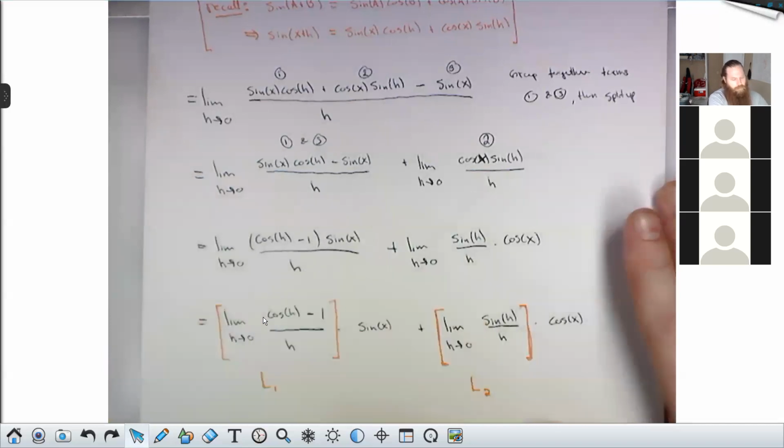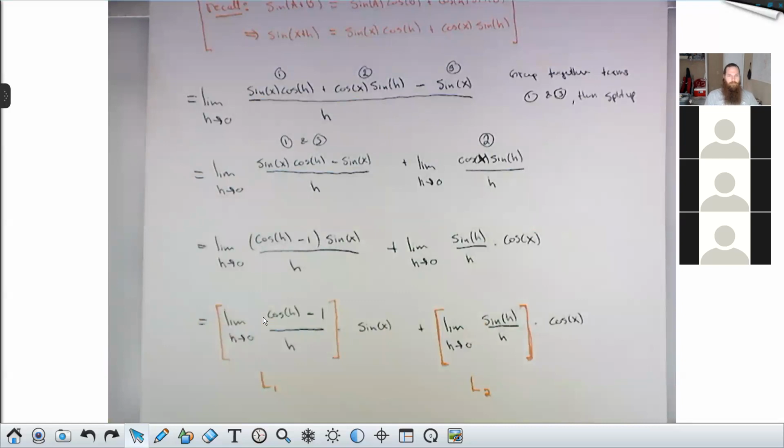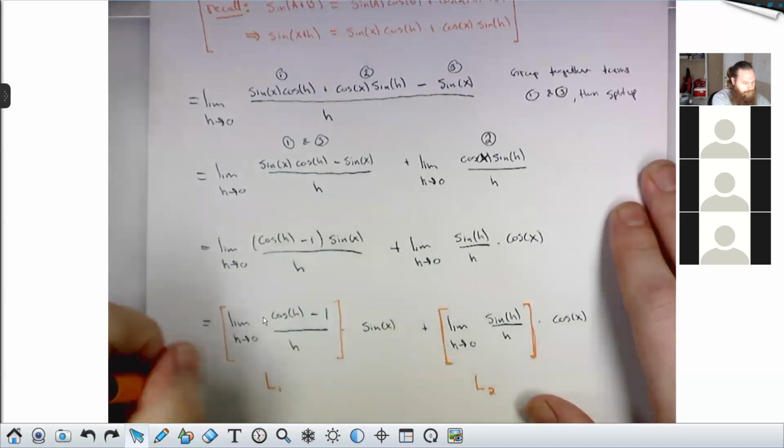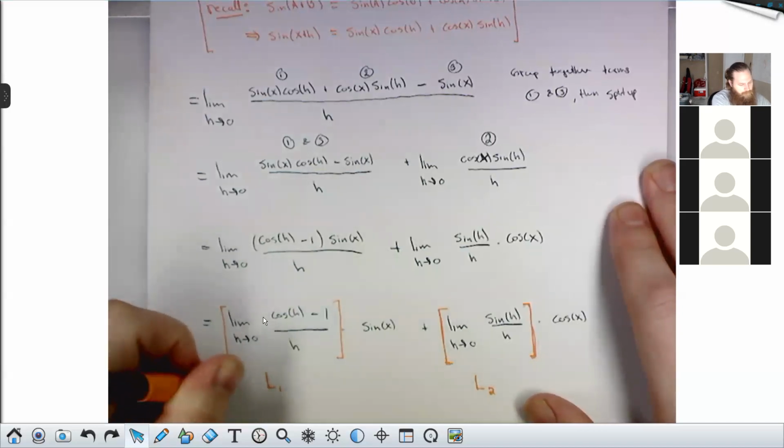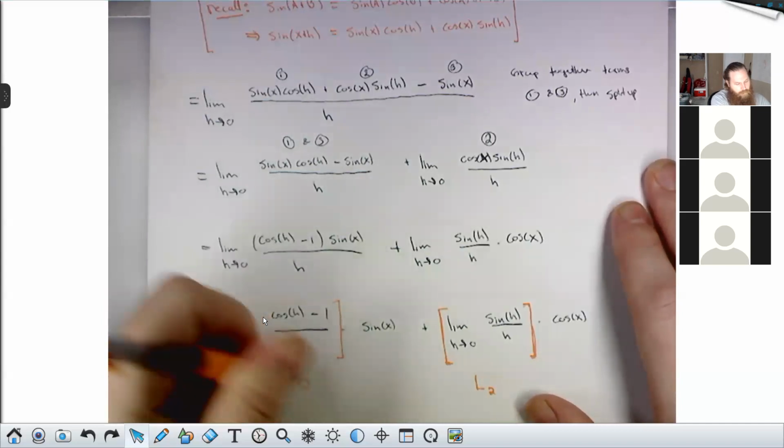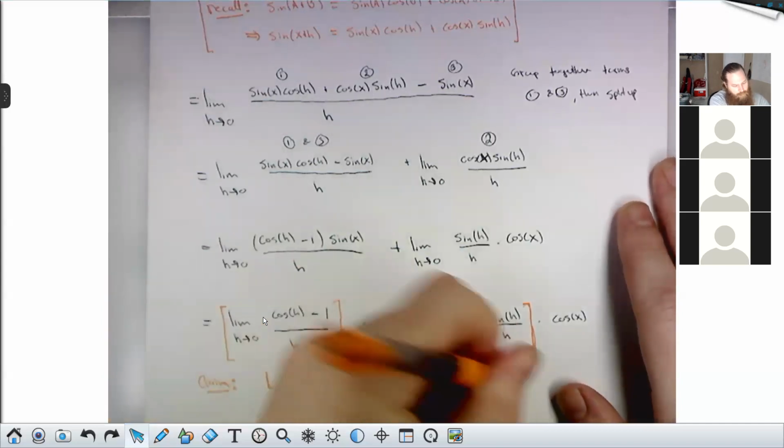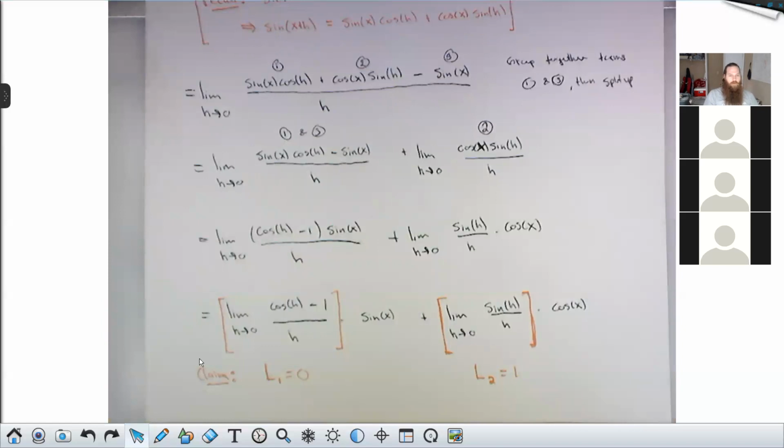It's actually L2 that I'm going to start with. I claim that L1 is 0 and that L2 is 1. And that I'm actually going to get L1 as 0 as a consequence of L2 being 1.